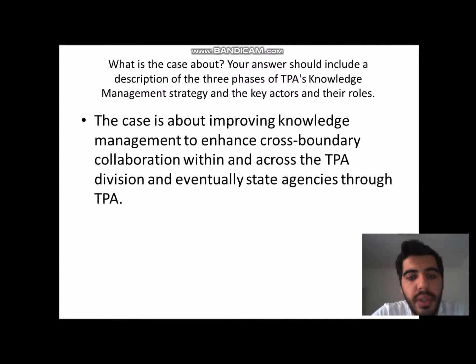The major player in this phase was one of the executive project managers, Bob Anker. He was given the role of knowledge manager. His responsibility was to ensure the promotion of collaboration and that the three divisions were assisted in it.